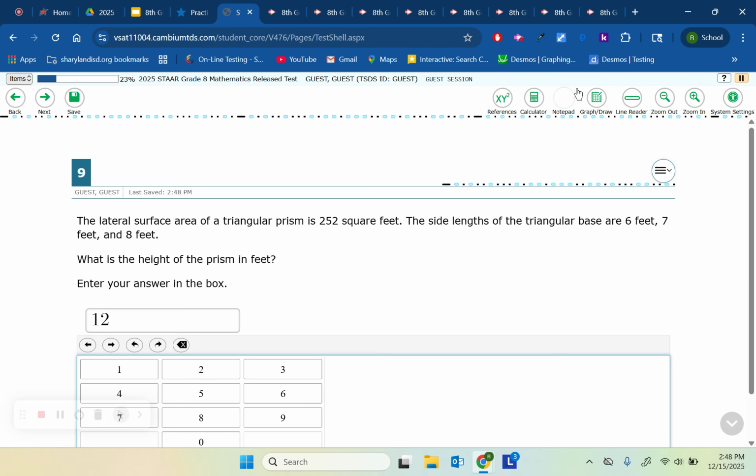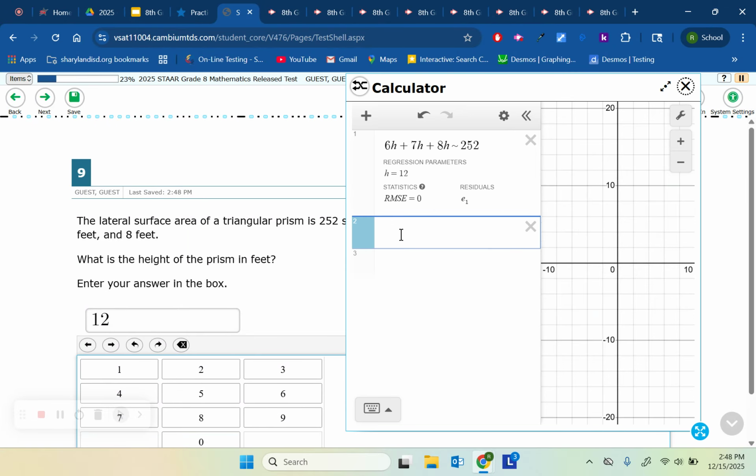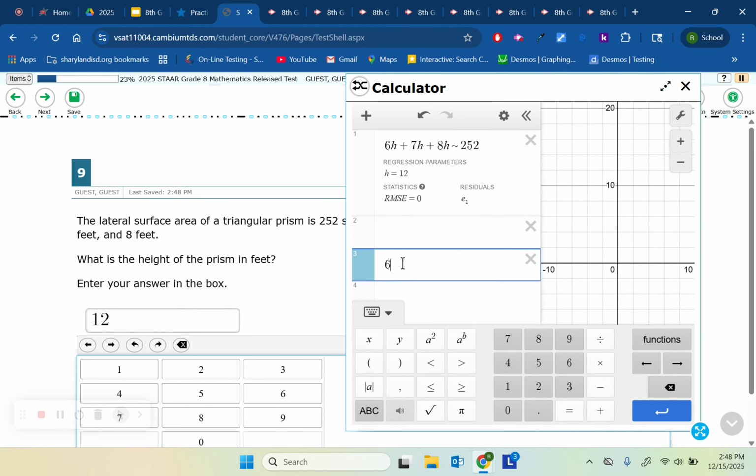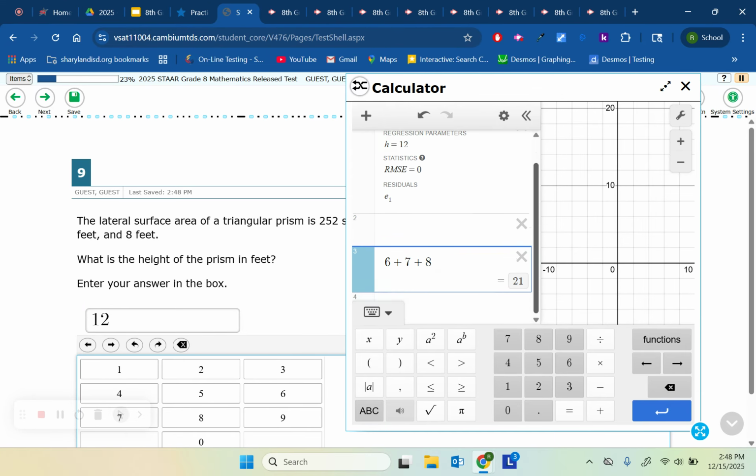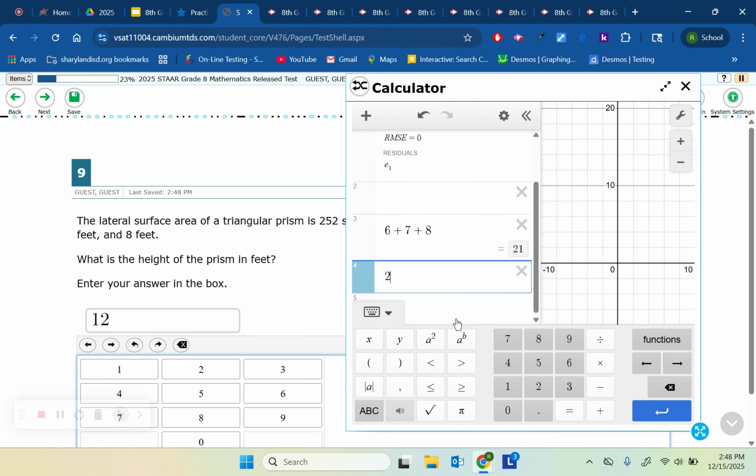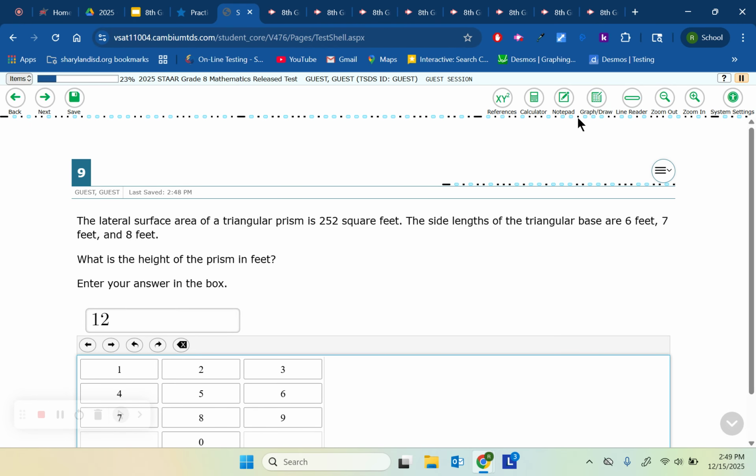I need to use my calculator for that. That's 21. And then 21 times 12 is 252. It worked. I'm using the formula.